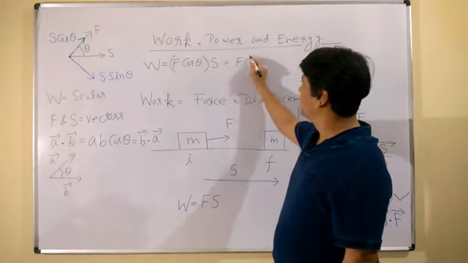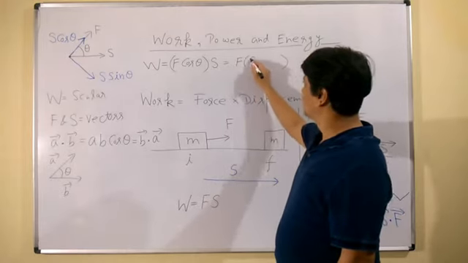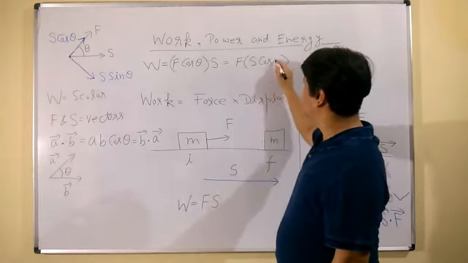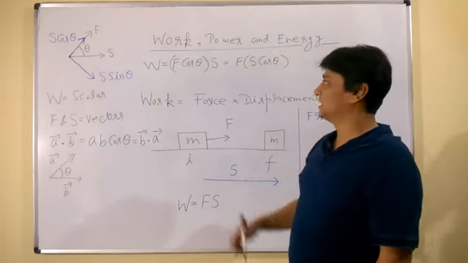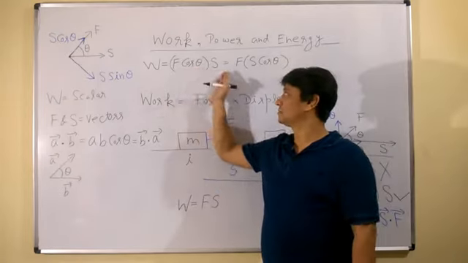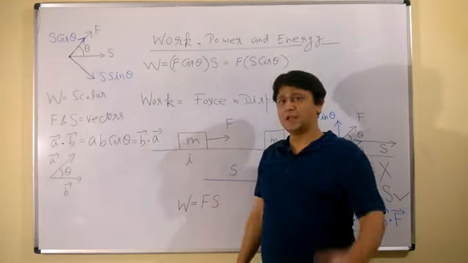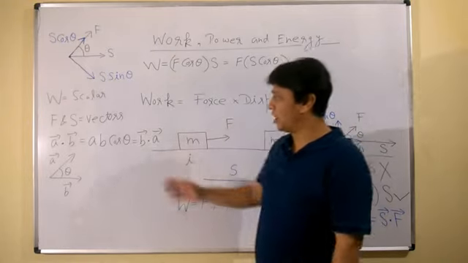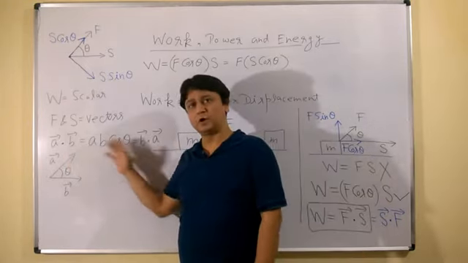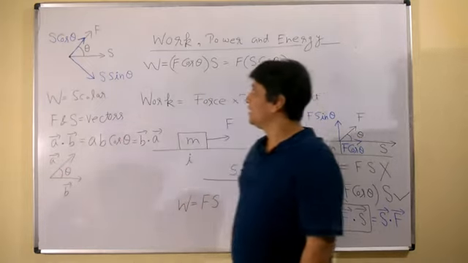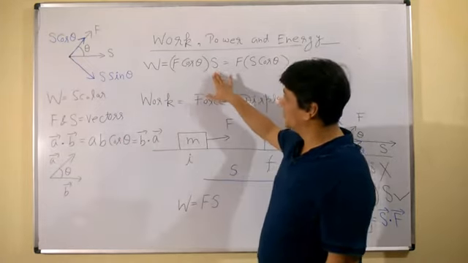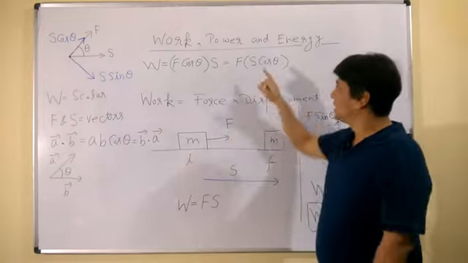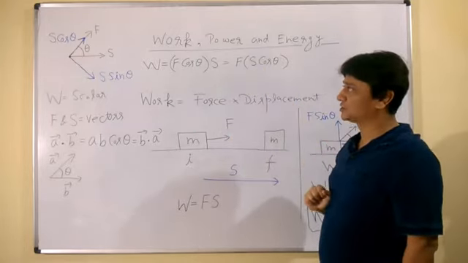F multiplied by s cos theta. It doesn't matter because these are simple magnitudes, and even if they are not magnitudes in dot, it doesn't matter if you take A dot B or you go for B dot A. The thing is that f cos theta s is same as f multiplied by s cos theta.